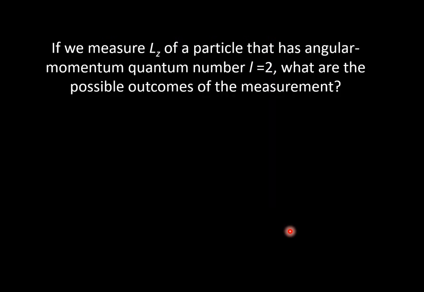If we measure Lz of a particle that has angular momentum quantum number L equals 2, what are the possible outcomes of the measurement? So the question is, what are we measuring? Lz, right? Angular momentum quantum number L equal to 2 is given.